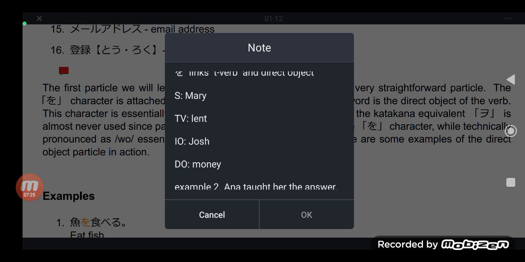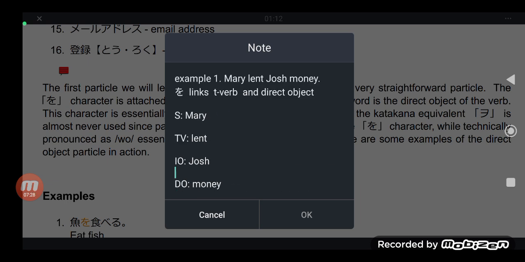Okay, let me point out some notes here, a refresher. If you recall your English lessons regarding the S-TV-IO-DO sentence pattern, S is the subject, TV is the transitive verb, IO is the indirect object, which is the beneficiary or the receiver of the result of the action being done through a transitive verb.